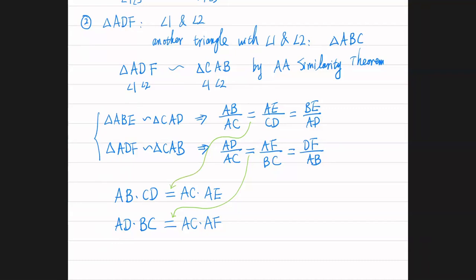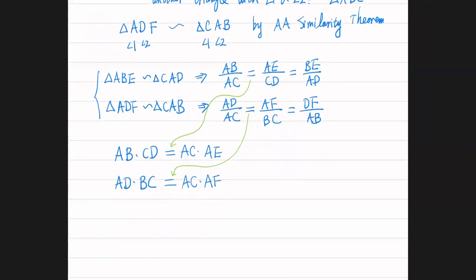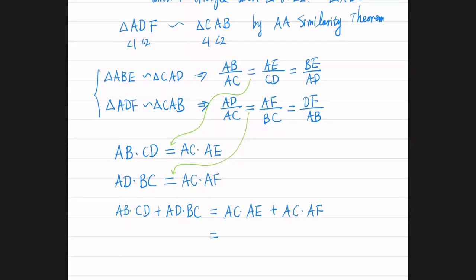Okay, now let's add them together and see what we get. AB times CD plus AD times BC. First one, AC times AE. Second one, AC times AF. They both have AC. Let's put the common factor out. We are left with AE plus AF.